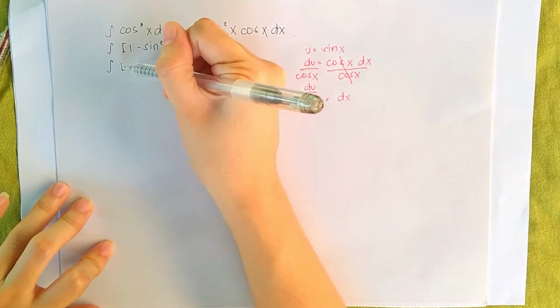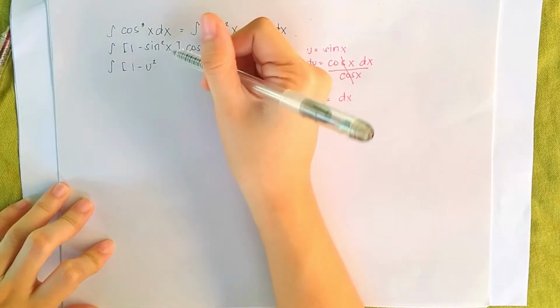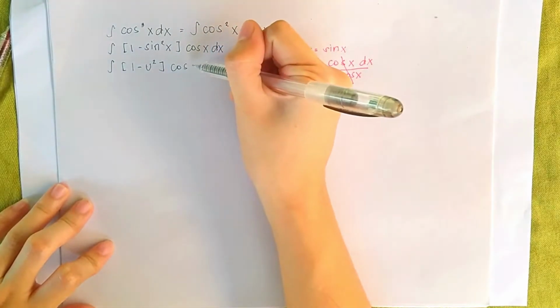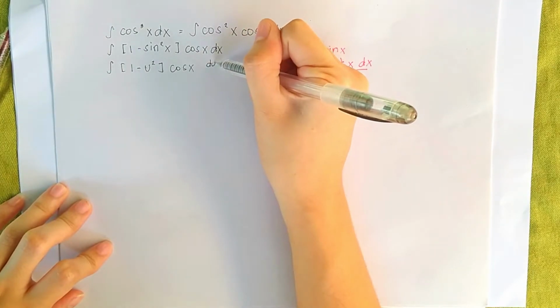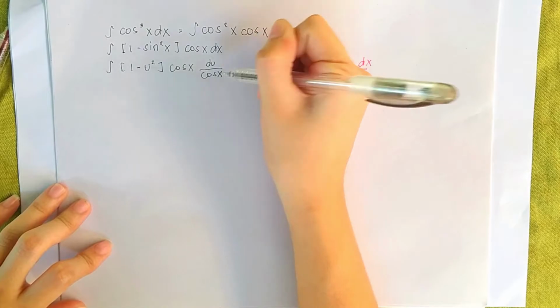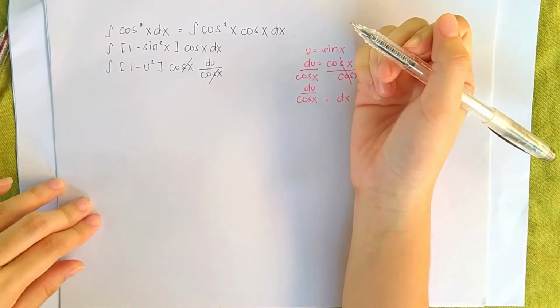So, it will be 1 minus u squared times cosine x, times du over cosine x. So we can cancel cosine x.